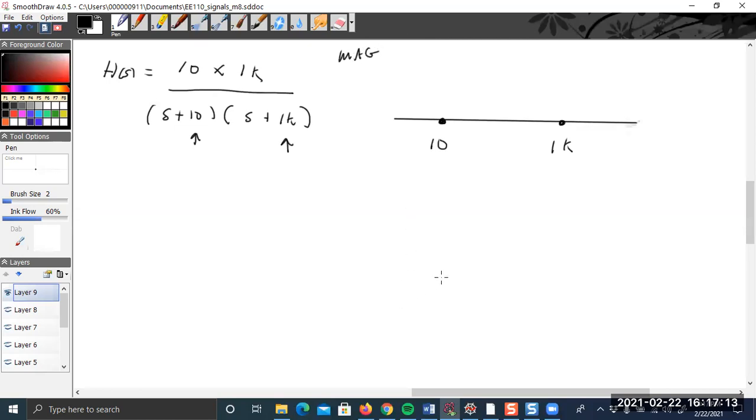And that's magnitude. And then for phase, well, I have 10, I have 1K, but then I have something at 1 because that's a 10th of 10. I have something at 100 because that's a 10th of 1K.